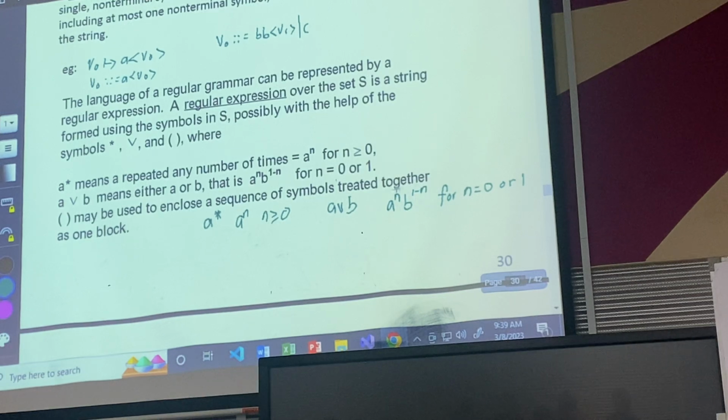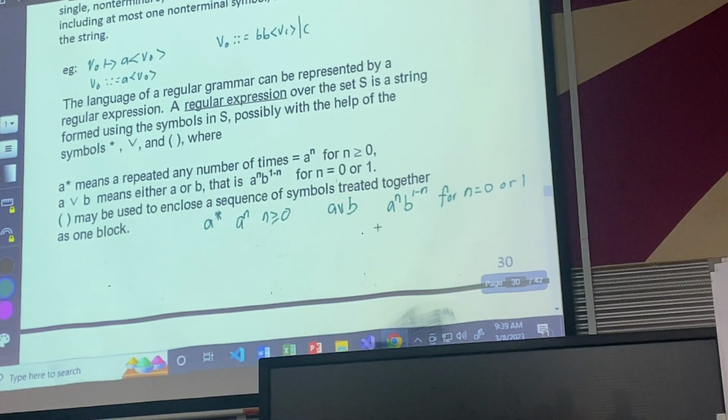This is another way to write A or B. So, two ways for a regular expression: how do we want to write A or B?